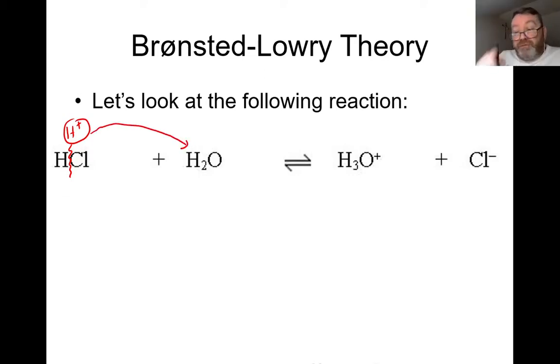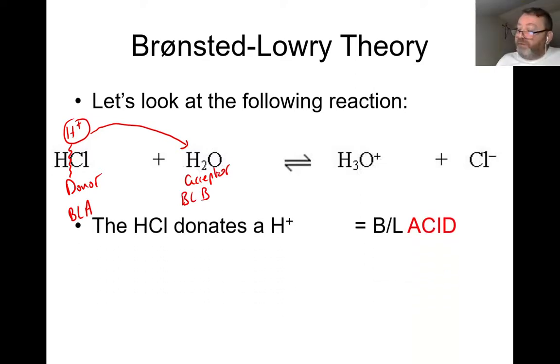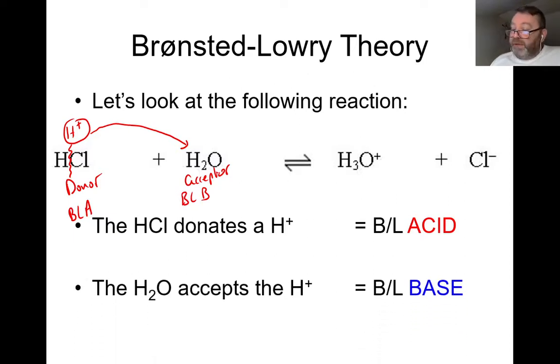The H2O will only carry the H+ if it accepts it. So this is the donor and this is the acceptor. Meaning this one is the Bronsted-Lowry acid and this one is the Bronsted-Lowry base. The HCl donates an H+, Bronsted-Lowry acid. The H2O accepts the H+, Bronsted-Lowry base.